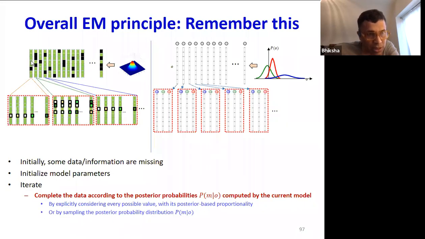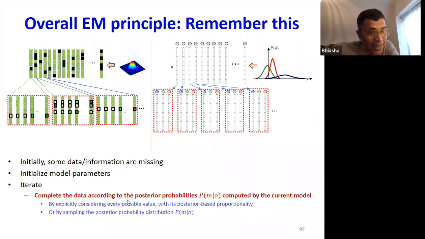In each iteration, for every incomplete data vector, we are going to complete the data vector by filling in the missing values in accordance to the a posteriori probability P of M given O as obtained from the current model.